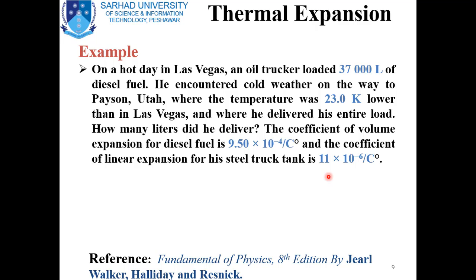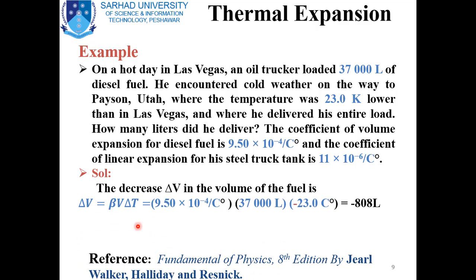So we have to calculate first the change in volume, and then we will find the final volume of the diesel fuel. To find the change in volume of the fuel, we will use the formula delta V is equal to beta V delta T, where beta is the coefficient of the volume expansion, V is the initial volume of the fuel, and delta T is the change in the temperature between the two cities.